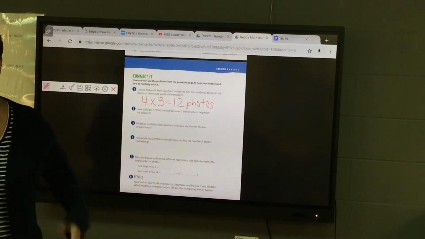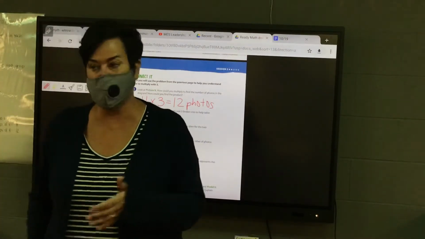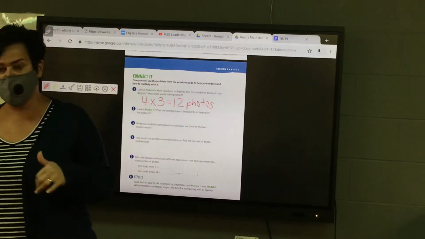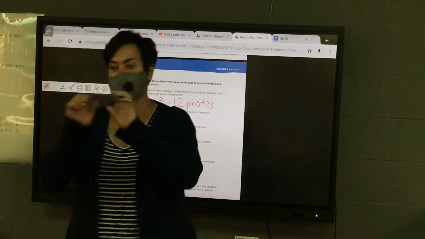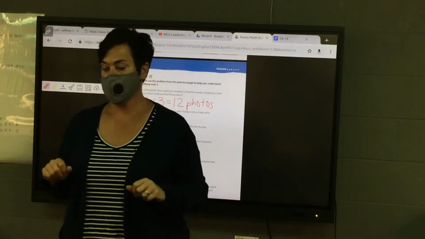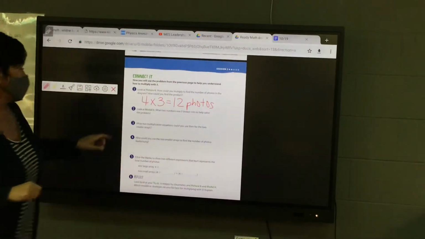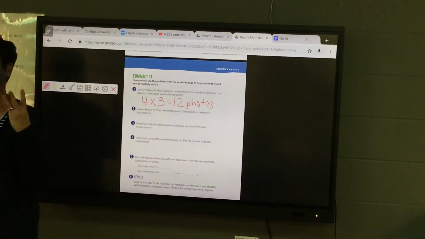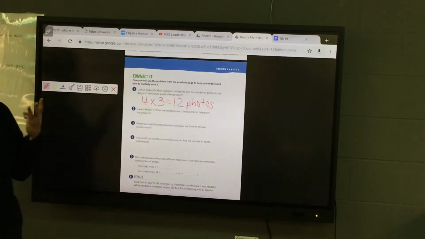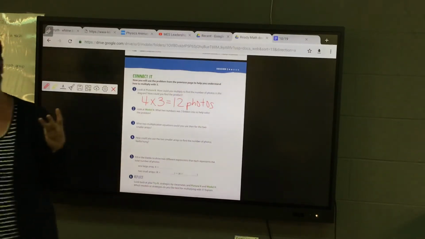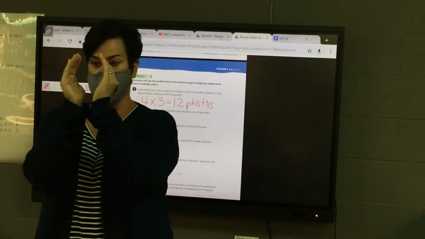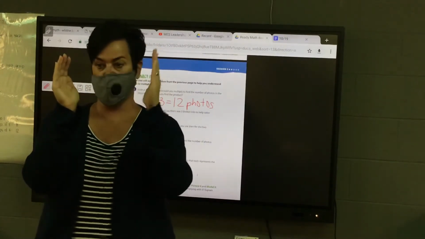Okay, now we're looking at the model it for question 2. Point to the model it that they show us. Remember, that's the one that they broke apart. What two numbers was 3 broken into to help solve the problem? So look at the whole thing, because there's 3 in each row.